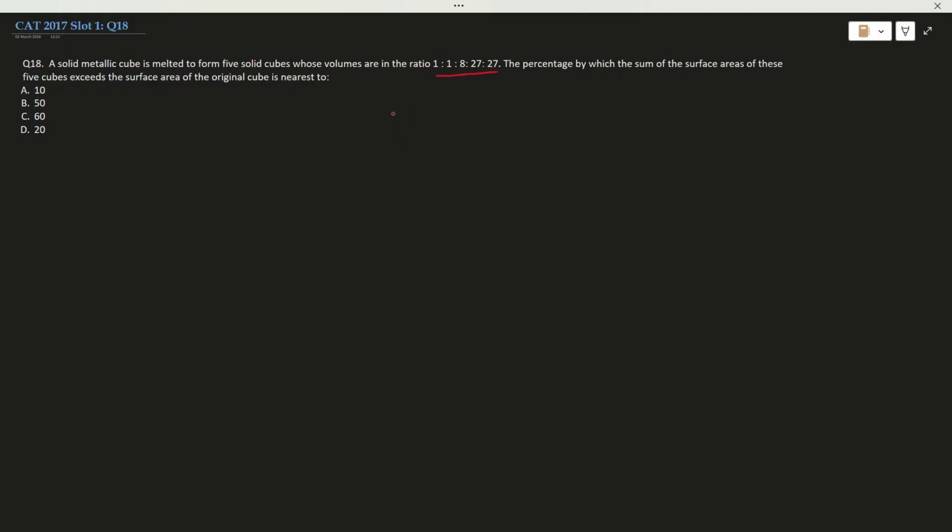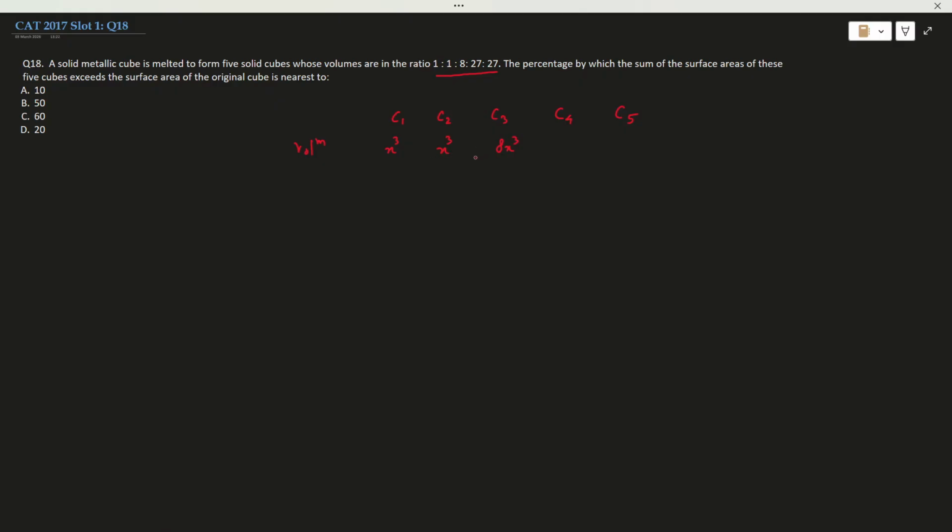And we are given the ratio of the volumes of the 5 cubes. So let's say I have cube 1, cube 2, cube 3, cube 4, cube 5. Volume is in the ratio 1:1:8:27:27. So let's say x cube, 8x cube, 27x cube and 27x cube.